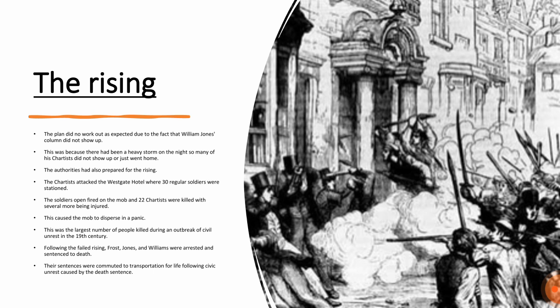With regards to this, the main things that you need to note down would be that the Newport Rising was caused by a mixture of economic turmoil suffered by the workers as a result of things like the Poor Law of 1834, or the fact that the businesses they worked for still operated under the truck system, which reduced their financial independence.